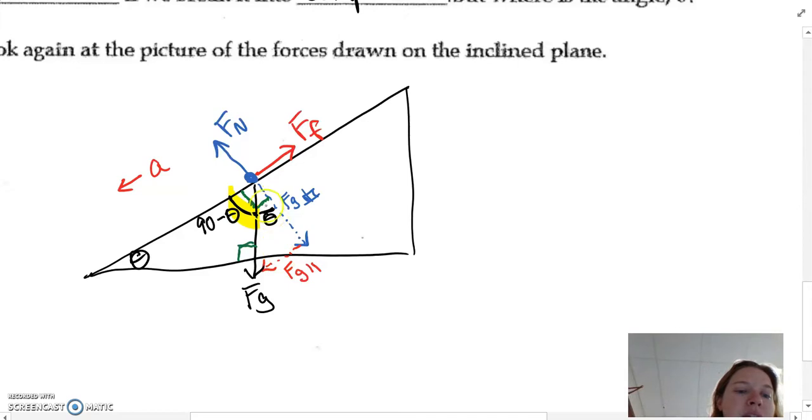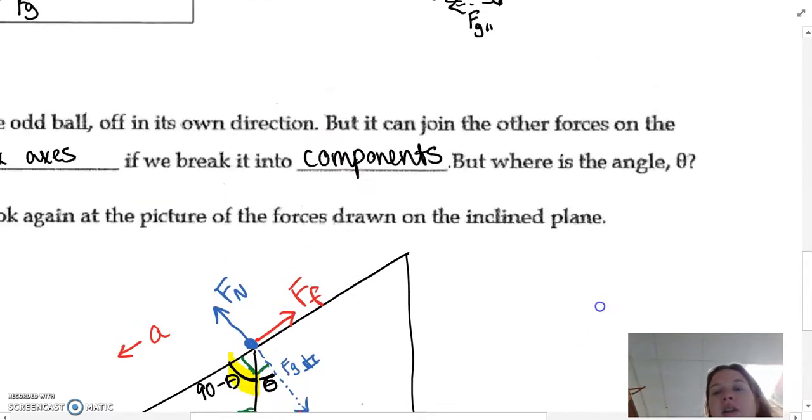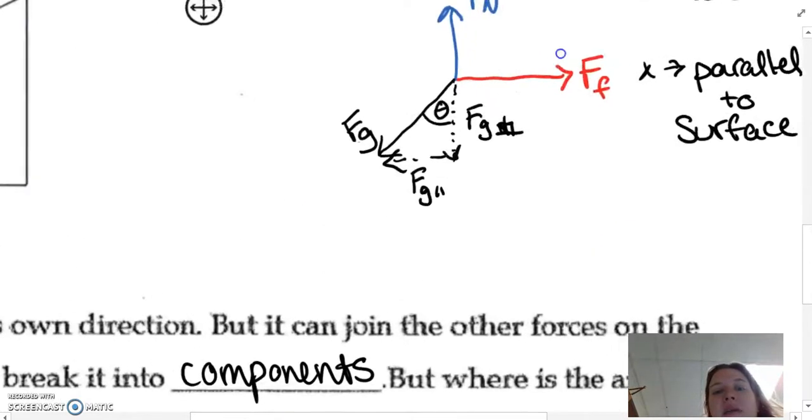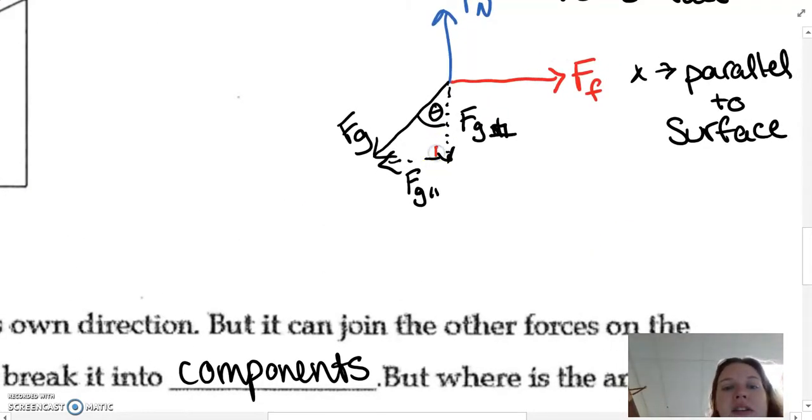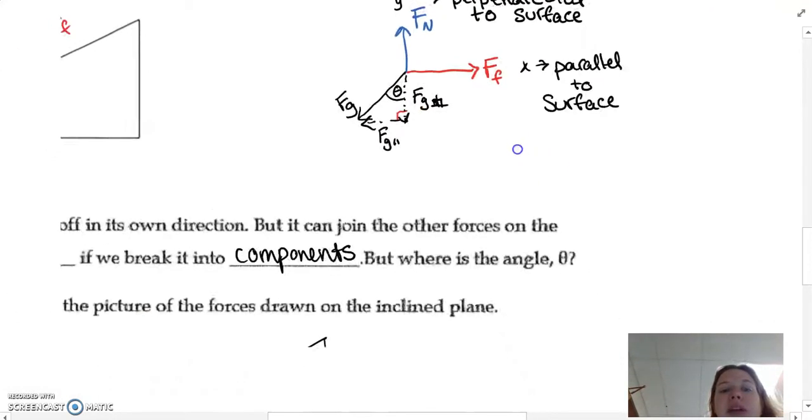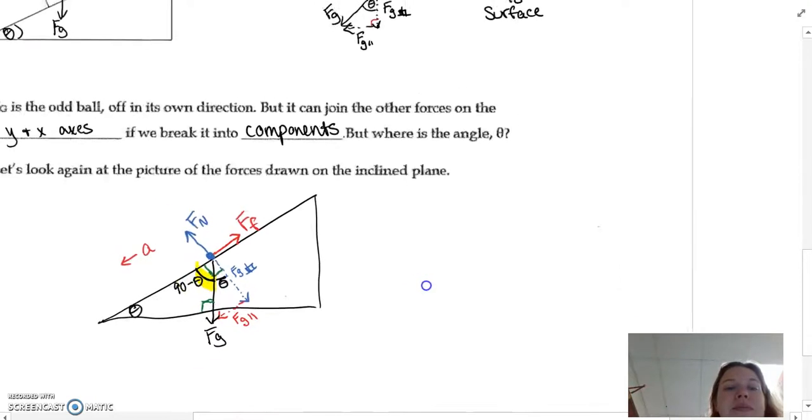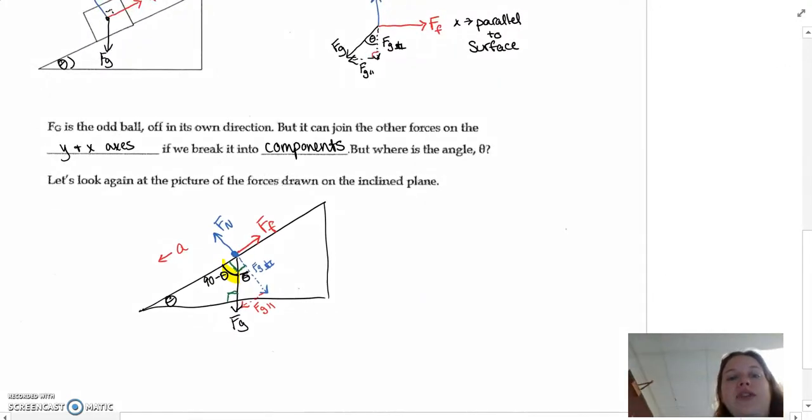So the kind of weird thing is the parallel side, we find it using the same trigonometric functions that we found before. So if we look back here, it might be a little easier to see our right angle is here. So this is the opposite side. FG parallel is opposite in that triangle where FG is the hypotenuse.